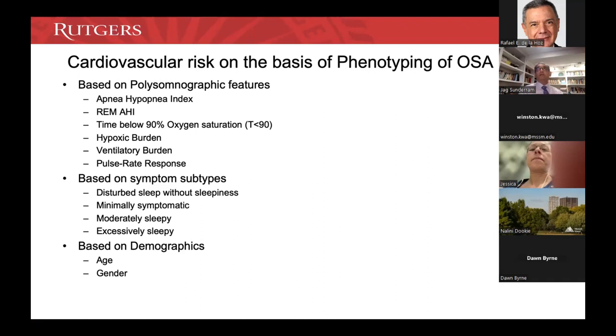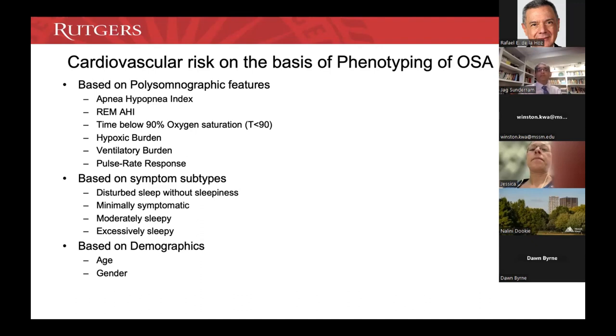And in addition, there have been assessments of changes in the heart rate that may be important to take into account. Additionally, there has been data that suggests that symptoms may be a marker for cardiovascular risk, such as if the patient has excessive sleepiness, that's a marker for cardiovascular risk, versus other symptoms such as disturbed sleep or minimal symptoms.